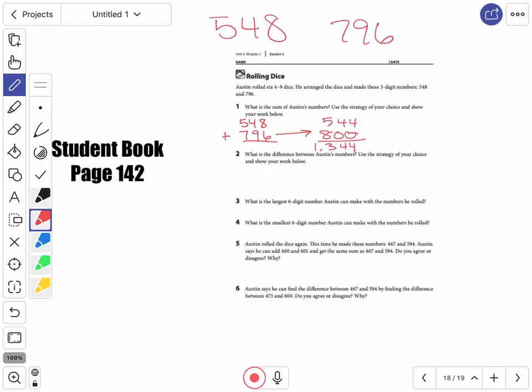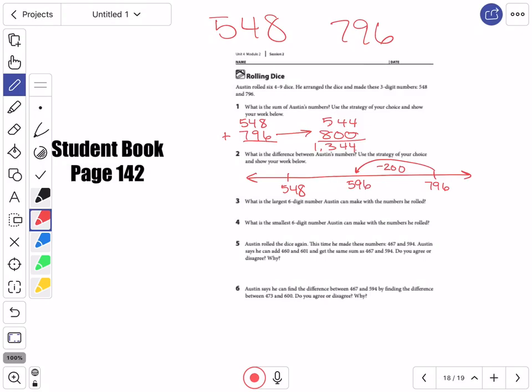The next one is, what is the difference between Austin's numbers? With this one, I can use a number line like we were doing before. And so I've got 796 and 548. I'm just going to jump 200 real quick here. So 796 minus 200 gets me to 596.